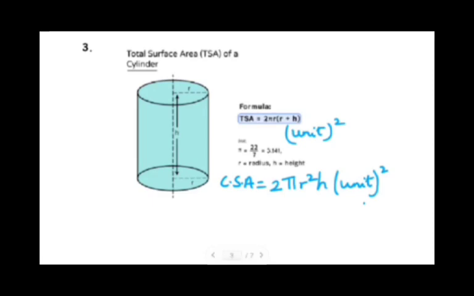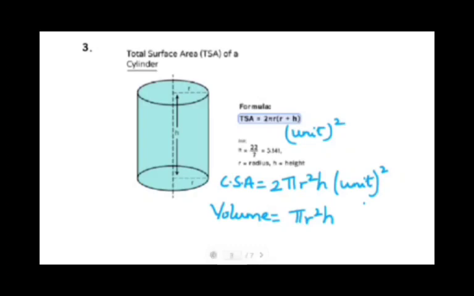What about volume? Volume will be pi r square h. Why pi r square h? Volume is nothing but the area multiplied by the height.